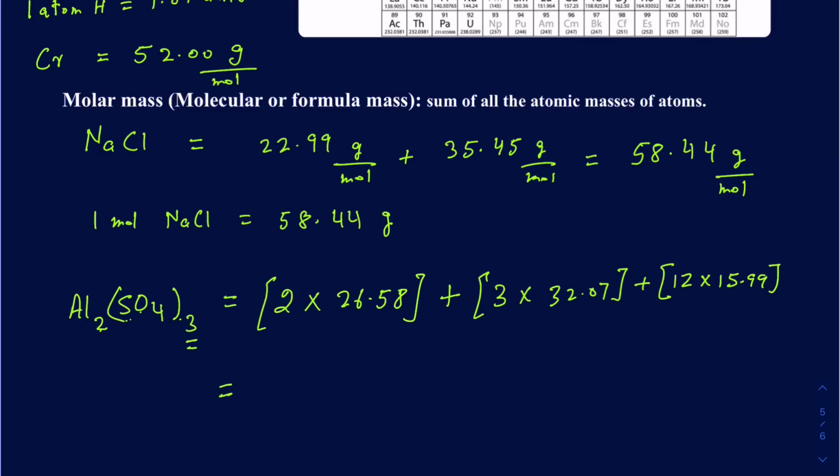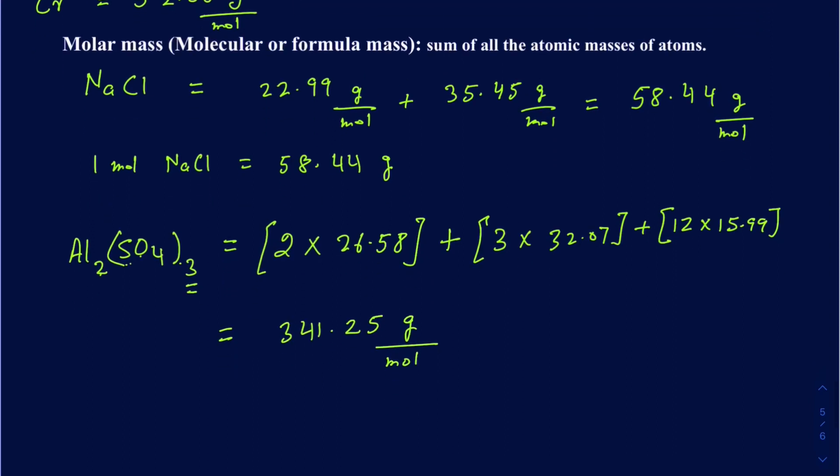It comes out to be 341.25 grams per mole, which is the molar mass for this aluminum sulfate. Okay, in addition, after being able to calculate the molar masses, you also want to be able to figure out the mass percent of a particular atom in a given compound.